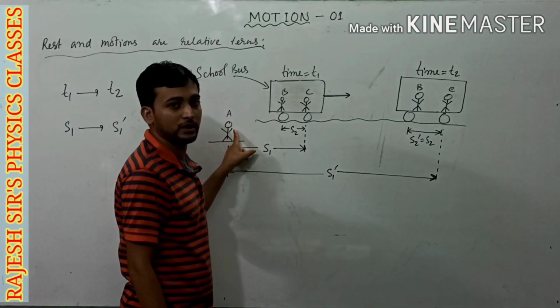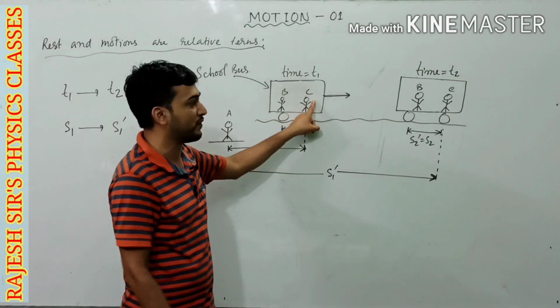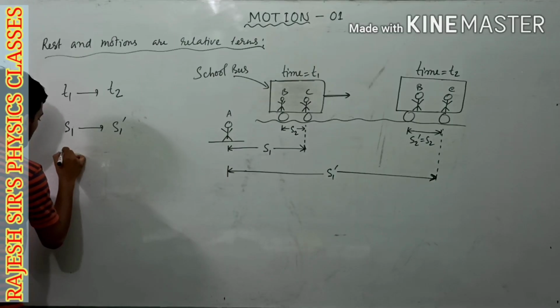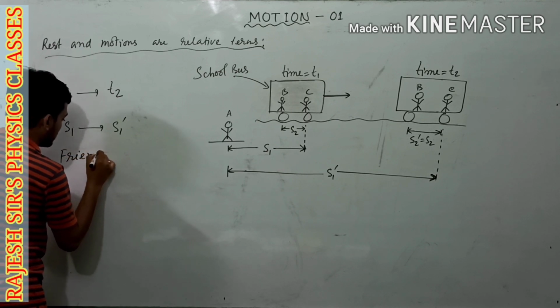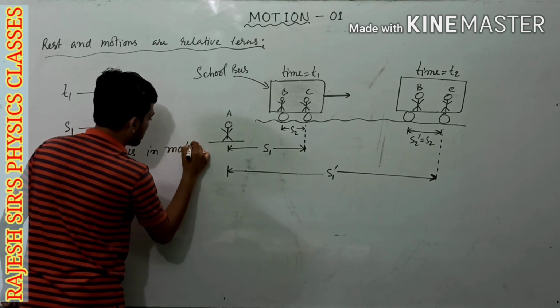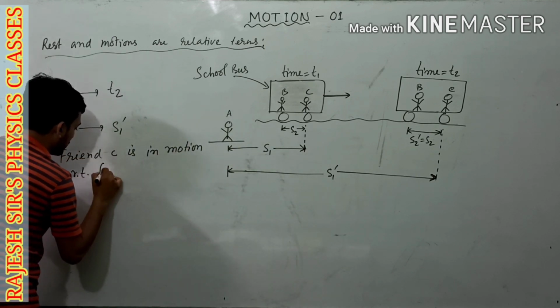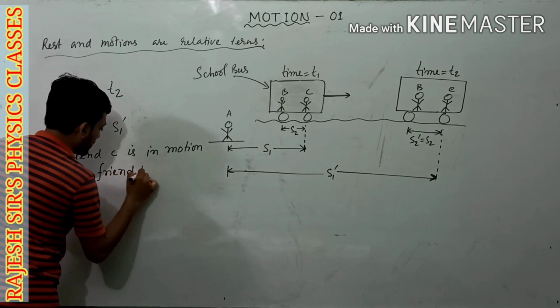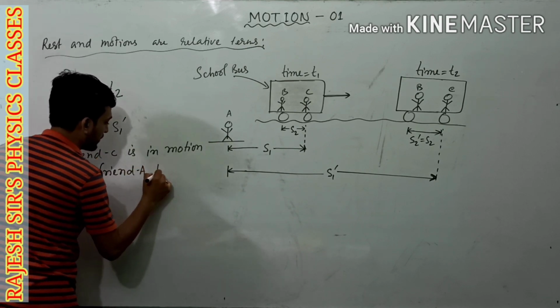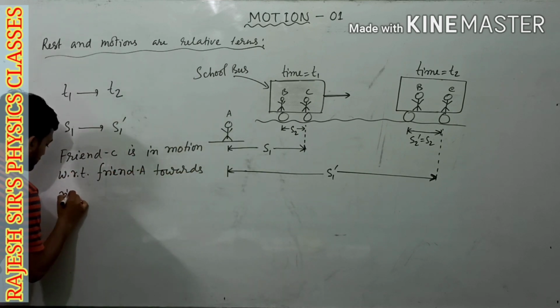So friend A will draw the conclusion that friend C is in motion with respect to friend A towards right.